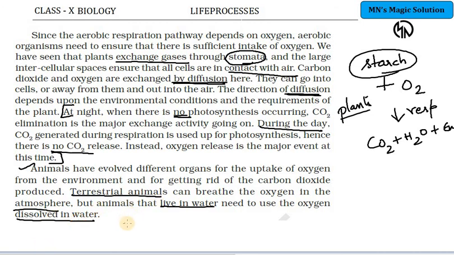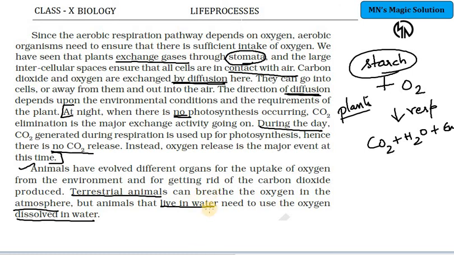Now there is another interesting question repeatedly asked: the rate of breathing in aquatic animals is greater. Why? Rate of breathing is the concept of how many times we breathe in and breathe out. In the time a terrestrial animal breathes in and out about 10 times, organisms living in water, fishes and all that, breathe in and out nearly 20 times.